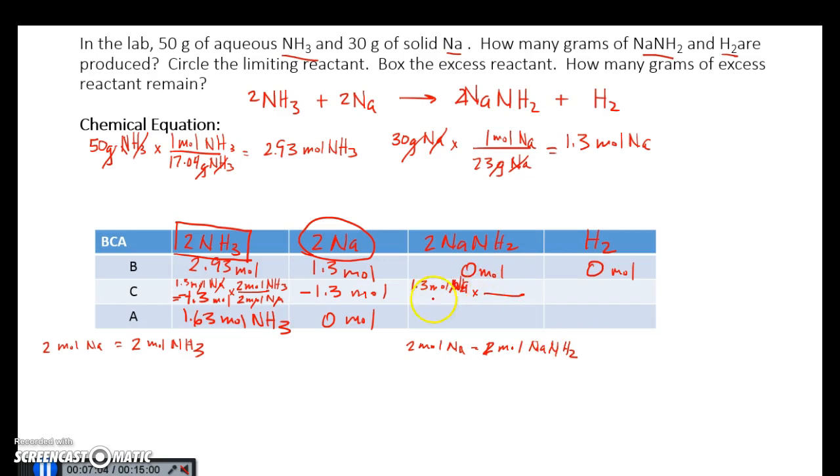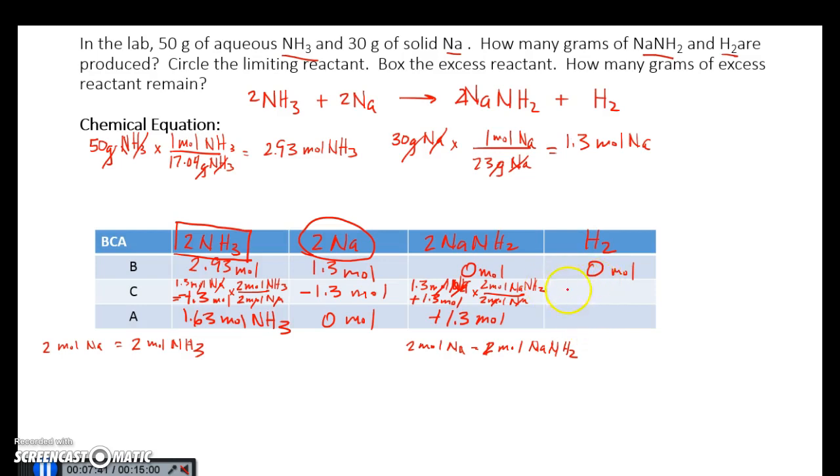I set that up so that I can cancel out my moles of Na, so the 2 moles of Na are in the denominator, and 2 moles of NaNH2 are in the numerator, so these cancel out. 1.3 times 2 is 2.6 divided by 2 is 1.3. I have now 1.3 moles of NaNH2. So I write that down as my final product.